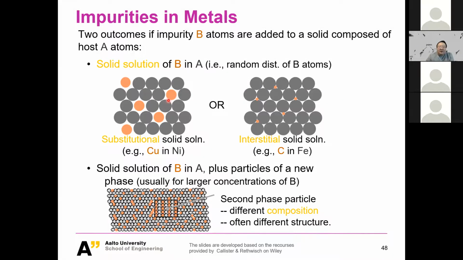So that makes the whole thing a substitution imperfection. And the second type is if your second element is pretty small. So the B element is rather small and it doesn't replace the A element. It just goes into the gaps.